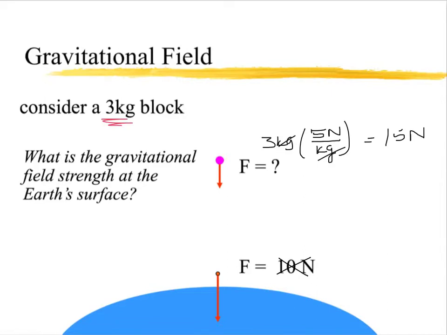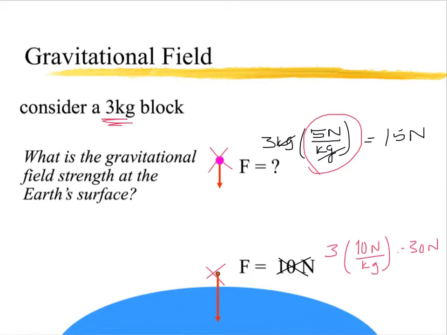This 5 newtons per kilogram is what we call a gravitational field strength at this point right here. So at the point close to the surface, our gravitational field strength would be 3 times 10 newtons per kilogram equals 30 newtons.